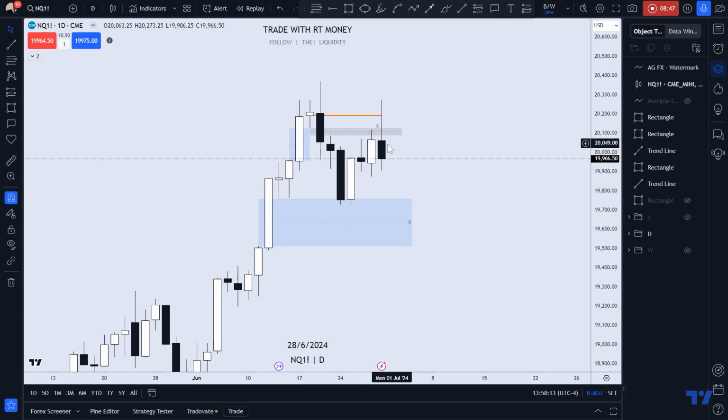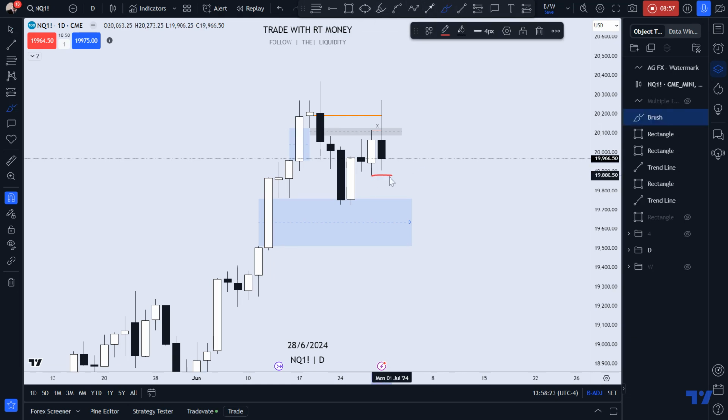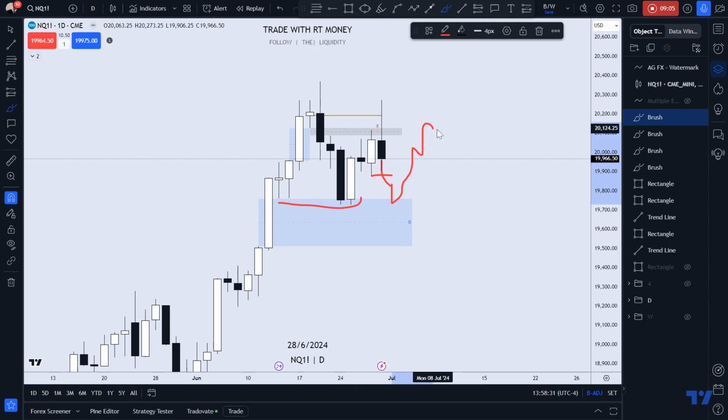We use next candle theory. We didn't take that low. I'm thinking that price will probably push lower here and take out that low. And we could see a sweep into this and then continue higher.